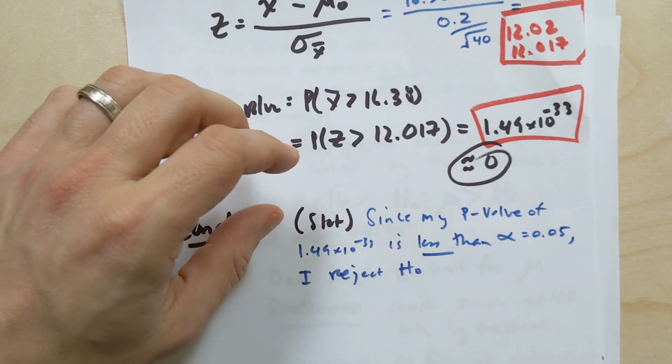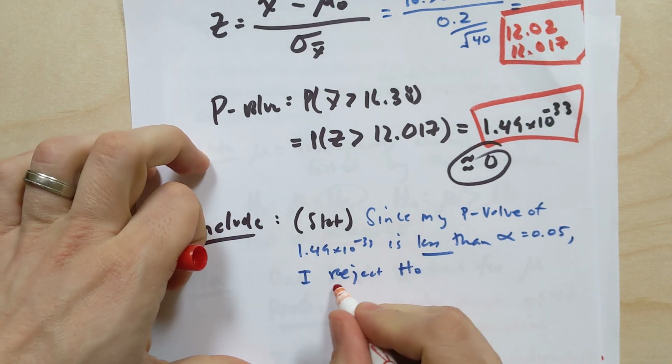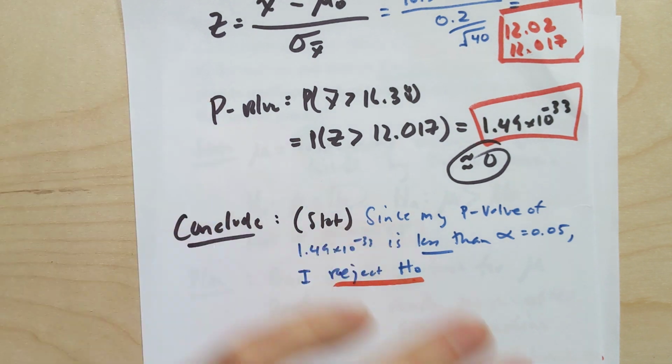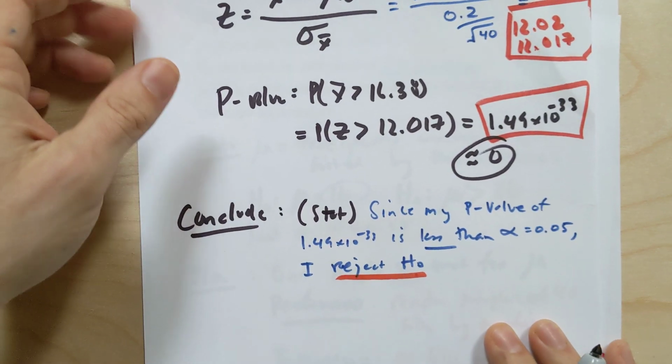And I can just write H0 there. I don't need to even write the words null hypothesis. Notice this first statement is entirely in statistical language. It's a statistical reason for the conclusion that I make.